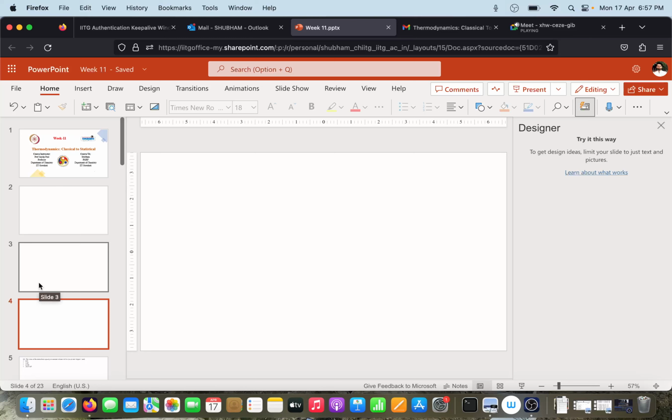This implies ln V2 by V1 is equal to ln 1, which is equal to 0. So this part will be 0. Similarly, in the second part, P1 is equal to P2, so ln P2 by P1 is ln 1, which is 0. So only the first part will remain for both. Let's erase the other part and solve this.